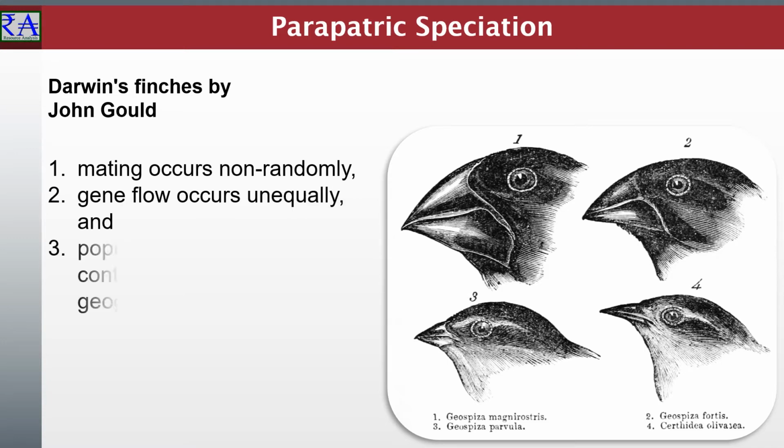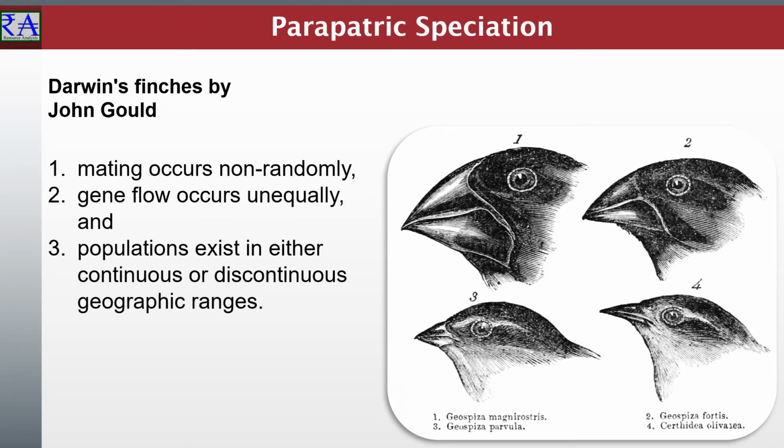Populations exist in either continuous or discontinuous geographic ranges. This distribution pattern may be the result of unequal dispersal, incomplete geographic barriers, or divergent expressions of behavior, among other things. Parapatric speciation predicts that hybrid zones will often exist at the junction between the two new populations.